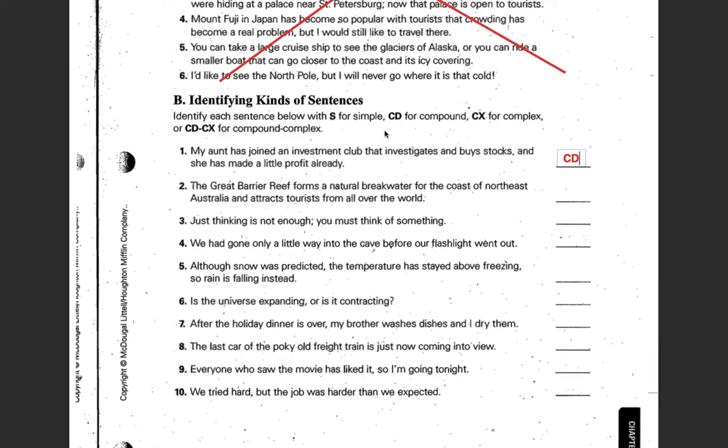Compound consists of two independent clauses joined with a coordinating conjunction or a semicolon, whereas a complex sentence consists of one independent clause and one dependent clause, while a compound complex sentence consists of two independent clauses and one dependent clause, or even more. But it's very important that a compound complex sentence has two independent clauses.